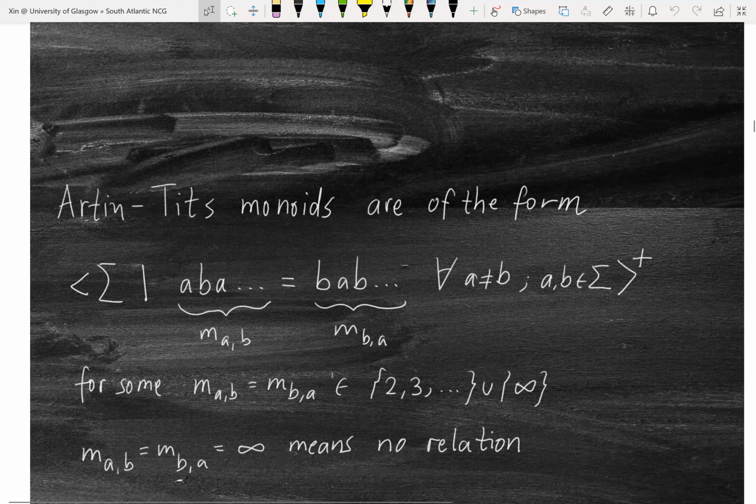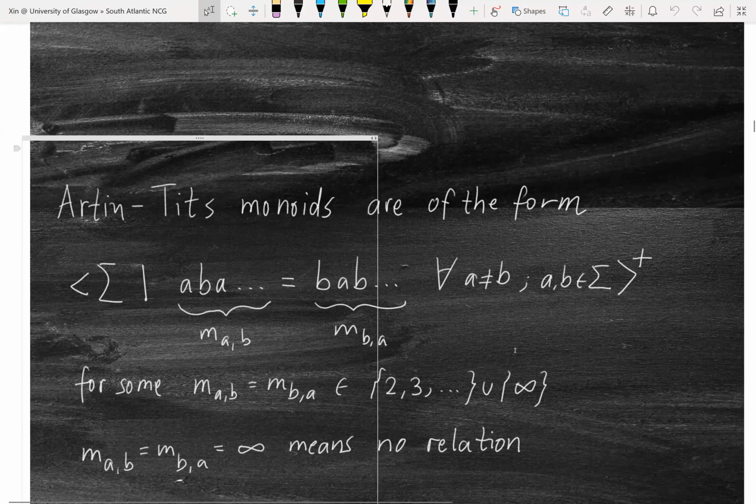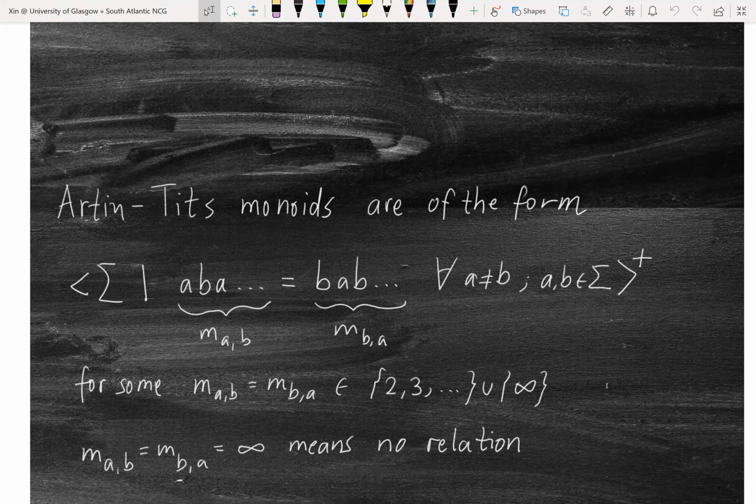And the length of these products, you want them to be the same, so m should be the same. And this gives you the relations you impose. So for the length, you have a choice. This could be any integer starting from 2, but it could also be infinity. And infinity would just mean that you impose no relation between a and b.